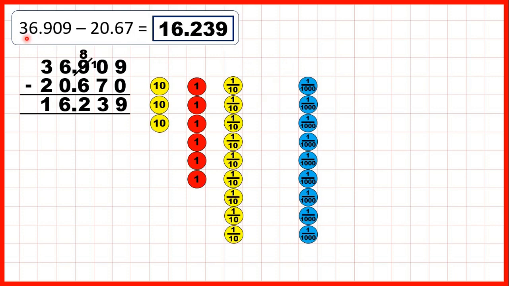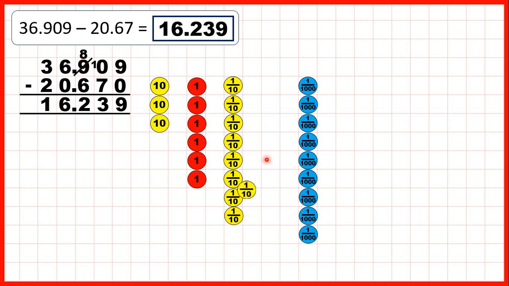Then we started with 36.909. So that's 3 tens, 6 ones, 9 tenths, no hundredths, and 9 thousandths. We didn't need to subtract any thousandths, so the 9 thousandths remained in our answer. We did need to subtract 7 hundredths, but to do that, because we didn't start with any hundredths, we had to exchange one of our tenths for 10 hundredths.